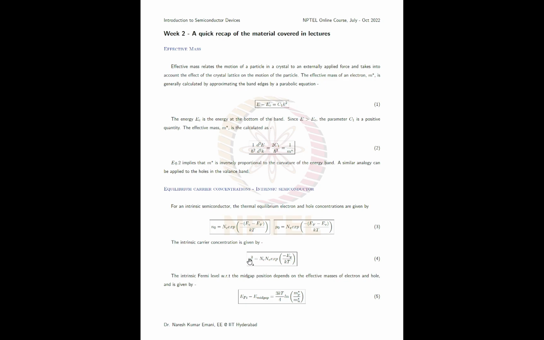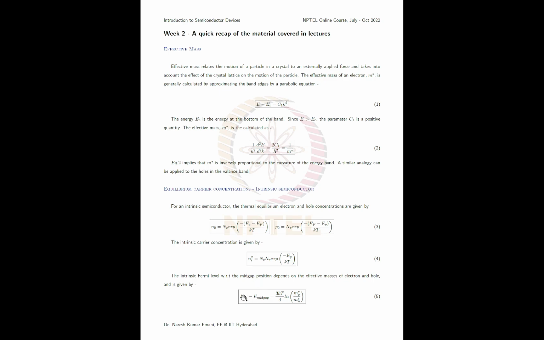ni square is given as n naught into p naught. If you solve this, you will find that for an intrinsic semiconductor, the Fermi level is close to the band mid gap, which is basically halfway between Ec and Ev.